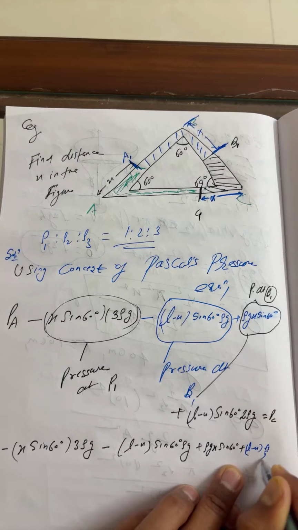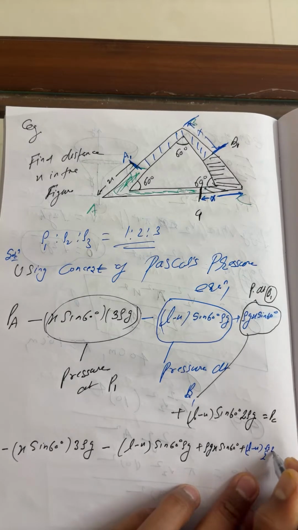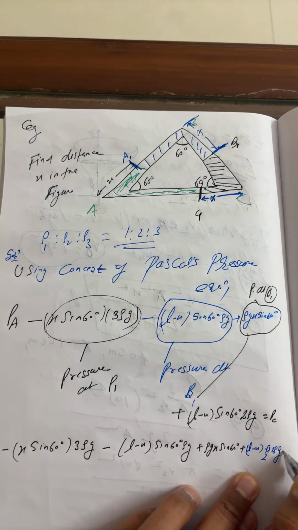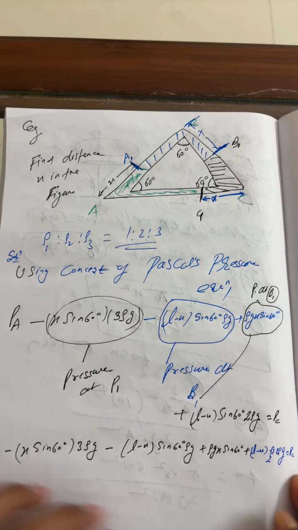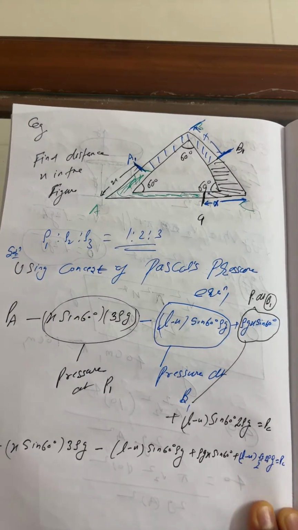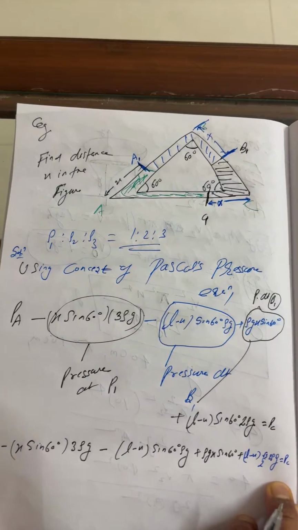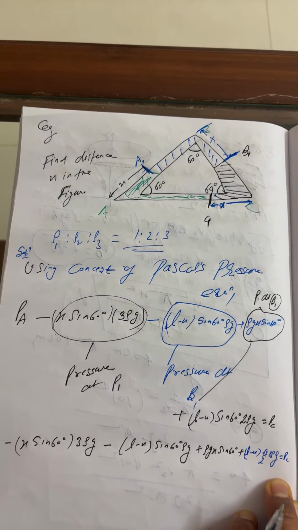So this is root 3 by 2, 2 rho g is equal to PC. So now I'll do one thing.